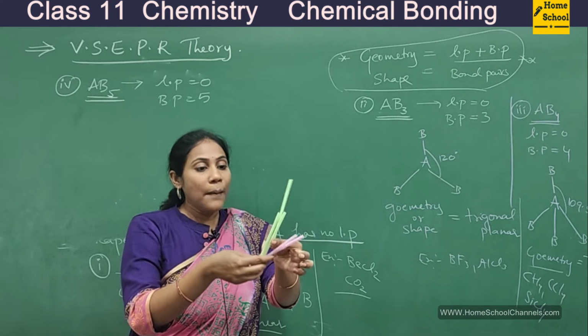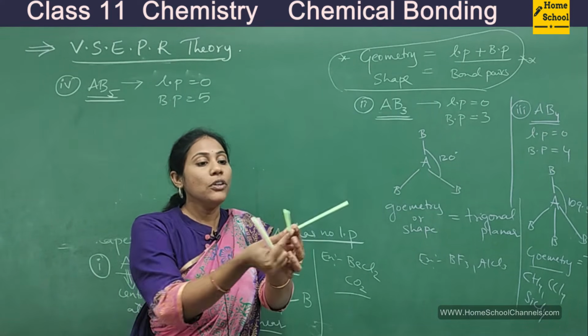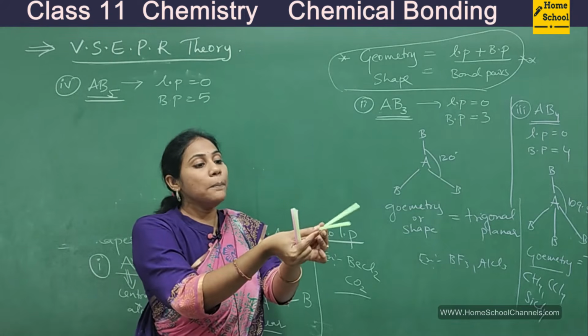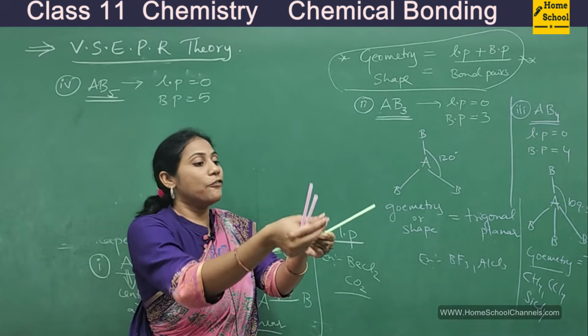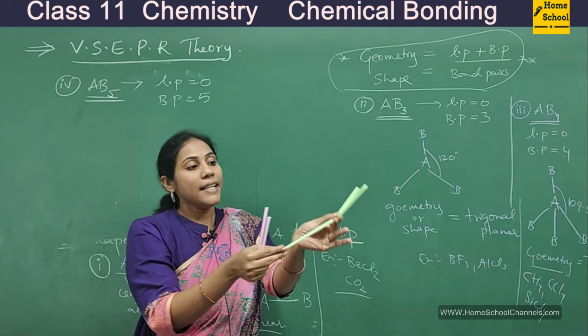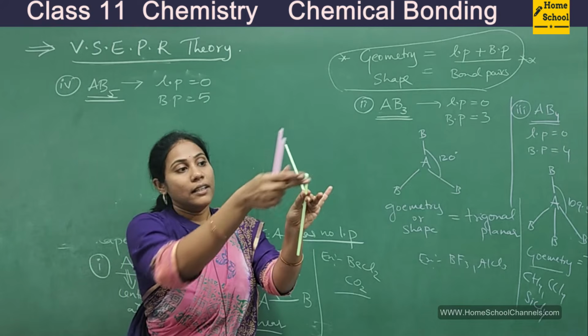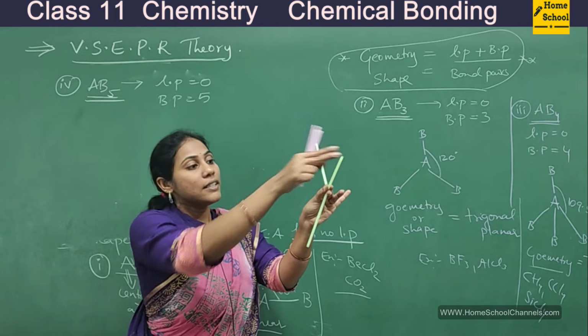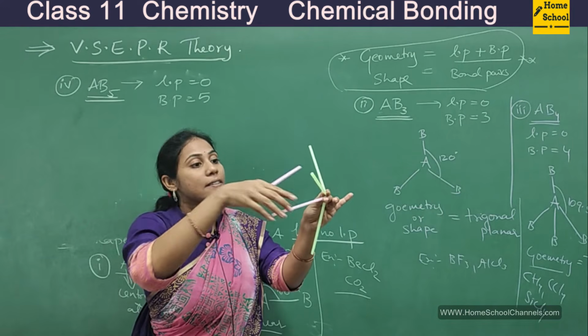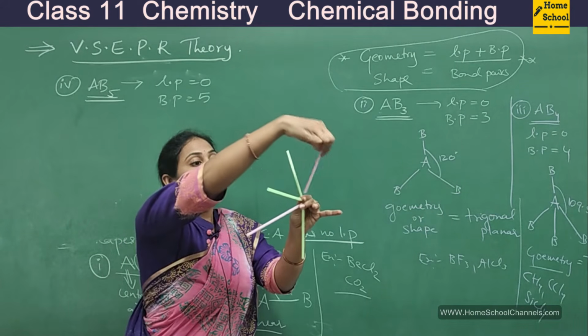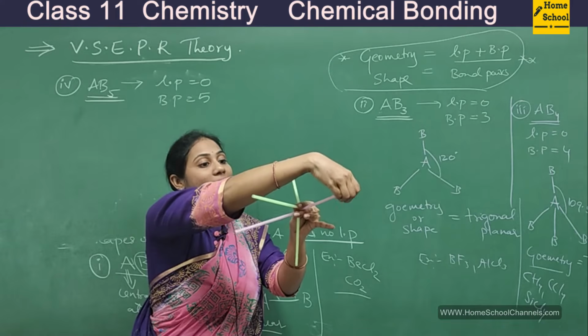You observe, among the 5 bonds, I can arrange 3 bonds in a trigonal planar form, right? So this makes a trigonal planar, right? Among the 5 bonds, 3 bonds I can arrange like this, and 1 bond in front and the other bond backside.